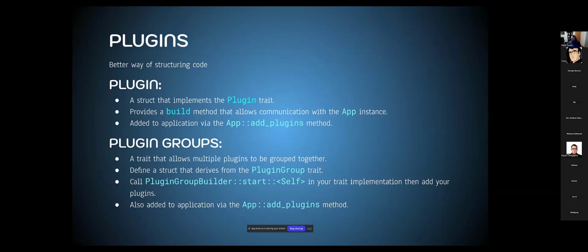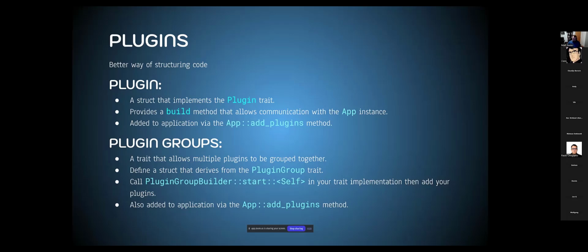A plugin is a structure that implements the plugin trait. It provides a build method that allows communication with the app instance. So when you add a plugin to an app, the app will call the build method on your plugin. And you do that just through the add plugin method.